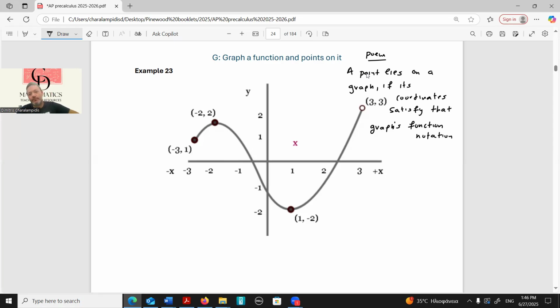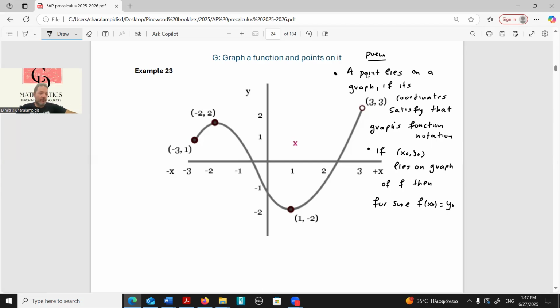And also, if (x0, y0) lies on the graph of f, then for sure f of x0 is equal to y0.